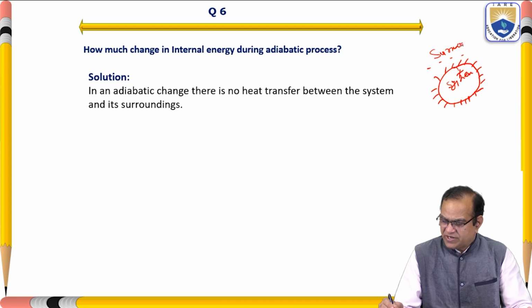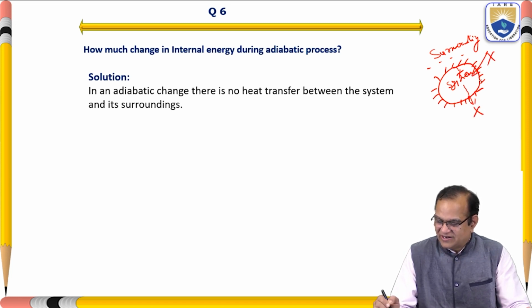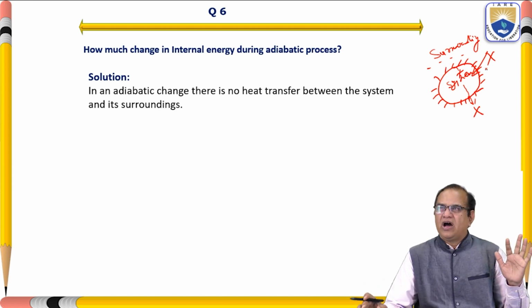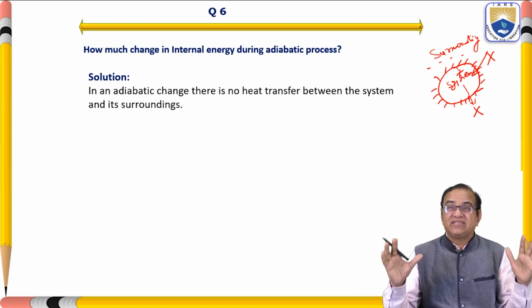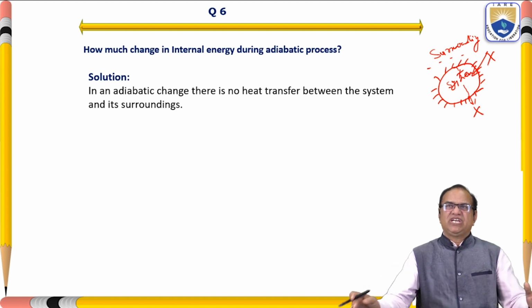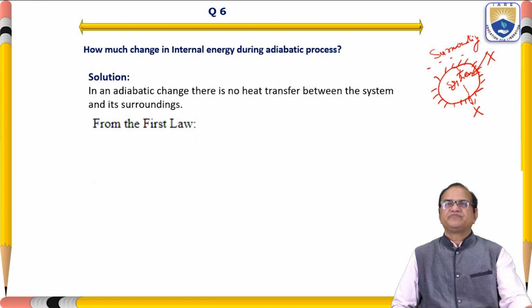So no heat will go, no crossing, no in and no out. The heat content will remain there. So in an adiabatic change, there is no heat transfer between the system and its surrounding.